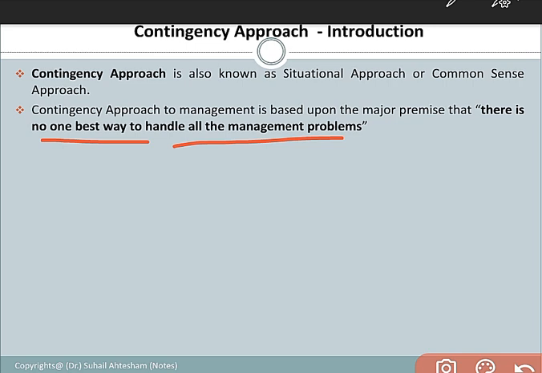So this implies that there is no possibility that there must be only one technique or one strategy that has to be adopted for overcoming all the situations, for overcoming all the barriers in the formal organization.